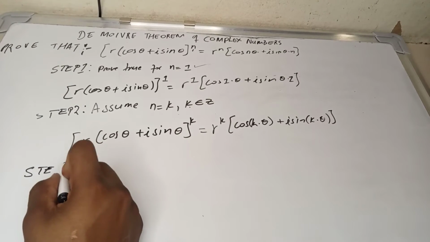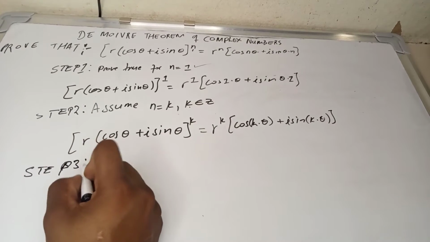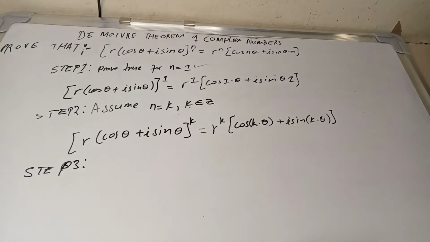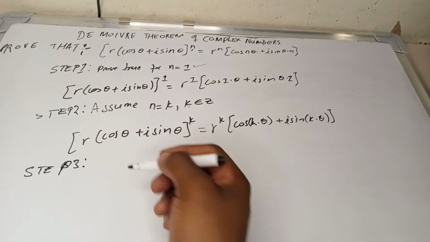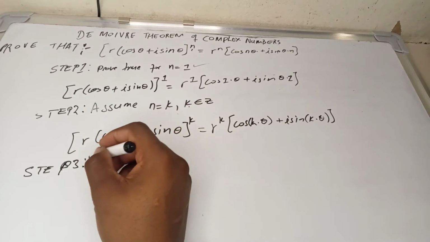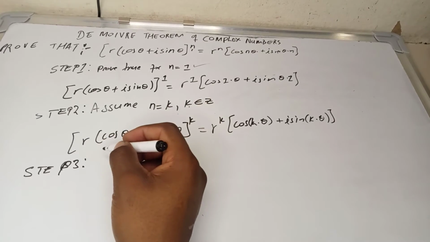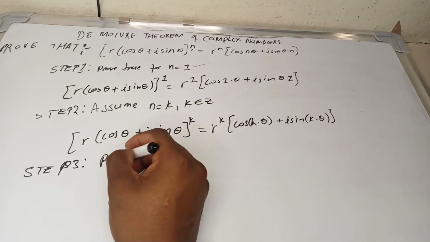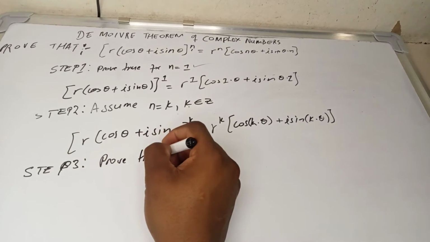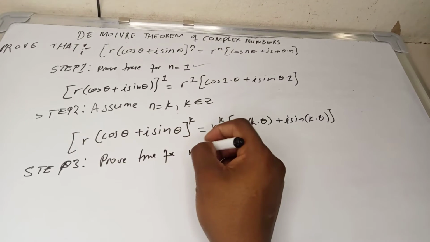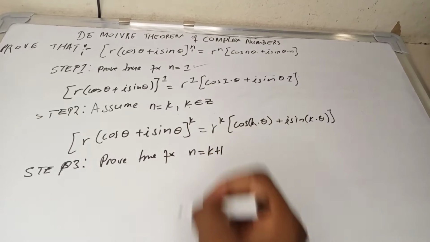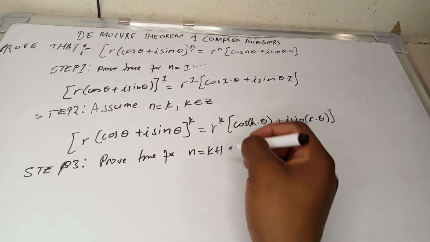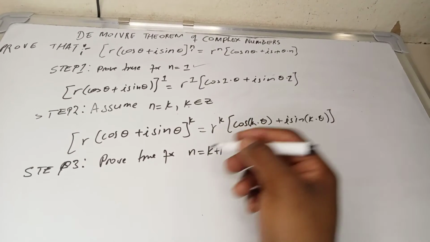Step 3. By now, suppose we all know the mathematical induction proof style. Here we're going to prove true for n equals k plus 1. Now n equals k plus 1.